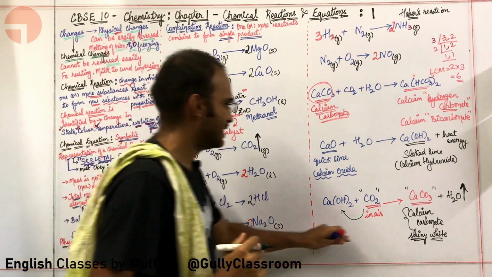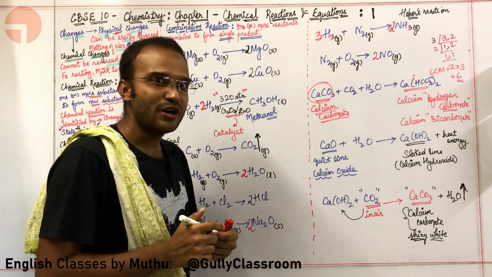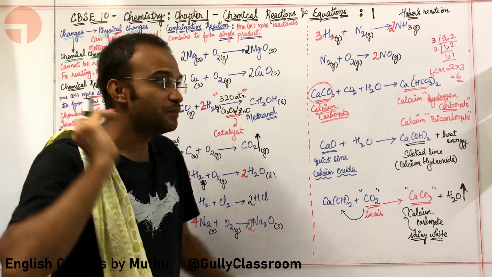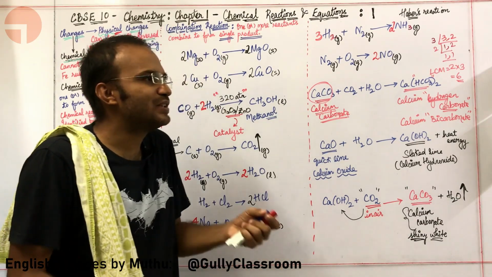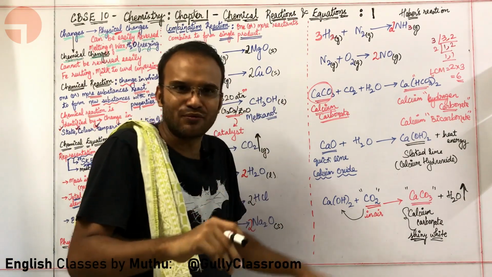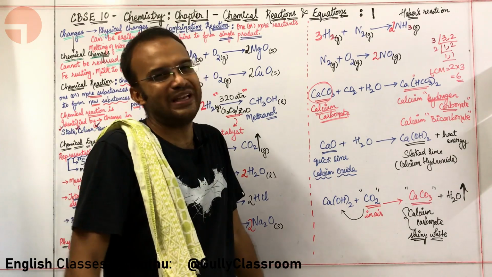Are you able to understand this particular reaction? Now are you able to understand why walls, when whitewashing, are blue in color, but after the entire thing dries off, it becomes shiny white in color?